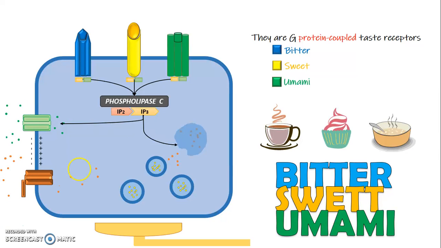The influx of calcium from outside the cell and from the internal cellular store triggers migration of the synaptic vesicles that causes depolarization of the neuron, and later on our brain interprets that as bitter, sweet, or umami. It depends on the receptor that is activated.